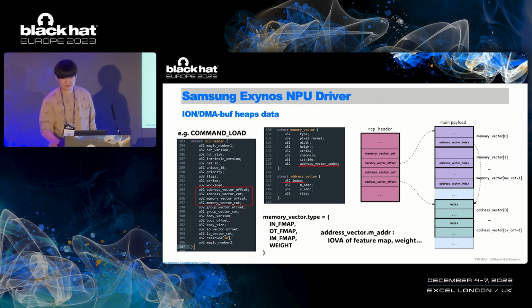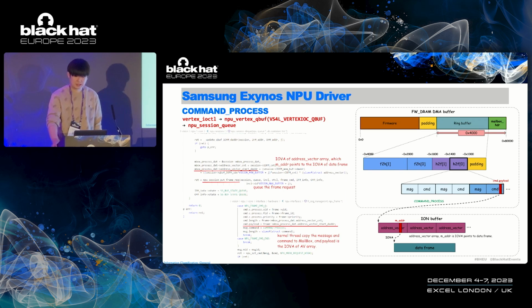And it also saves an index value that points to the related address vector. Address vector contains an IOVA address pointing to the feature map's data frame. If it's a command process request, the command payload will start directly with the address vector array. And its MADDR field saves the ION buffer's IOVA, which stores the feature map's data frame.